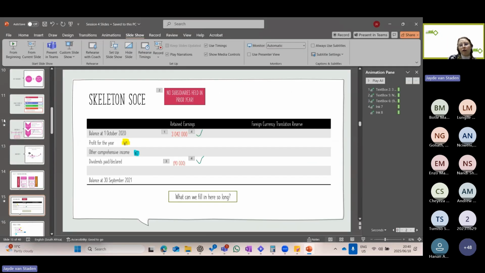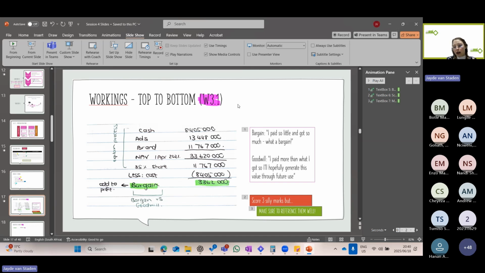The point of me doing this question was to show you, before you even get started in the nitty-gritty, you can bank 4 marks. Okay, you can bank marks by just starting with something and then making sure you've referenced it at some point so that it ties to your statement of changes in equity.